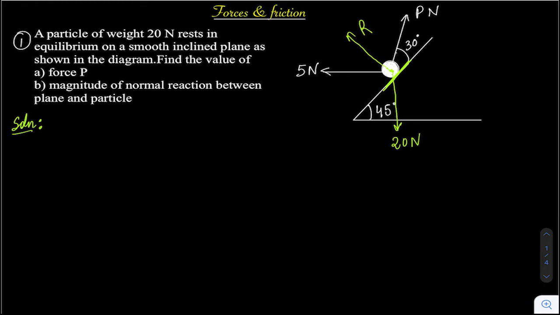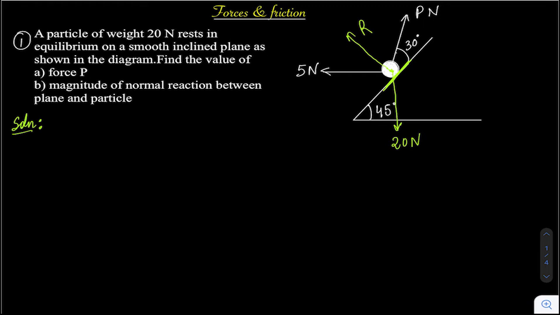Second thing is, I think about whether the particle is having an acceleration or not. It's given that the particle is in equilibrium. It rests. So it means the acceleration is zero. It means the sum of net forces on this is zero. So now you have to think in which direction you have to resolve your forces.